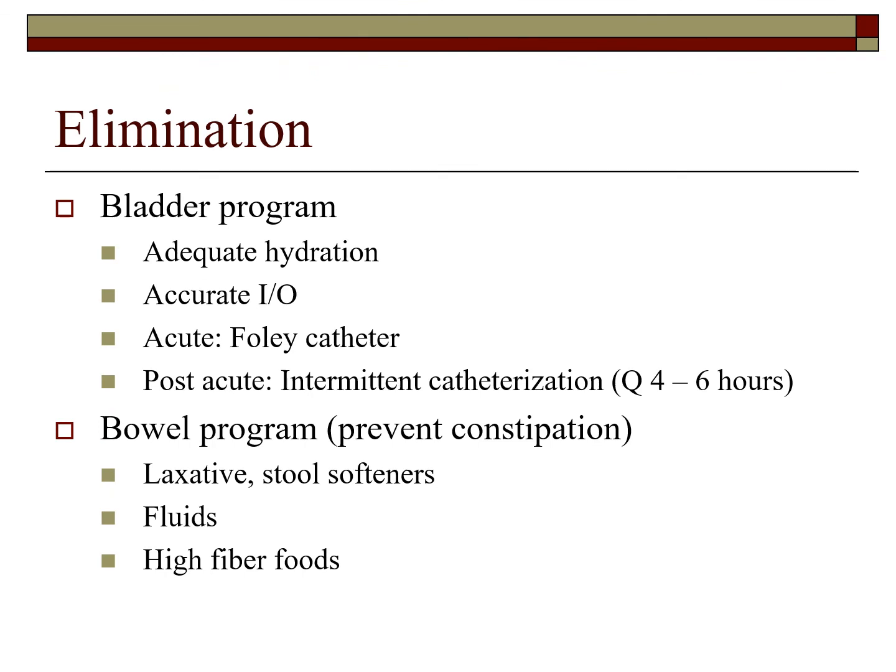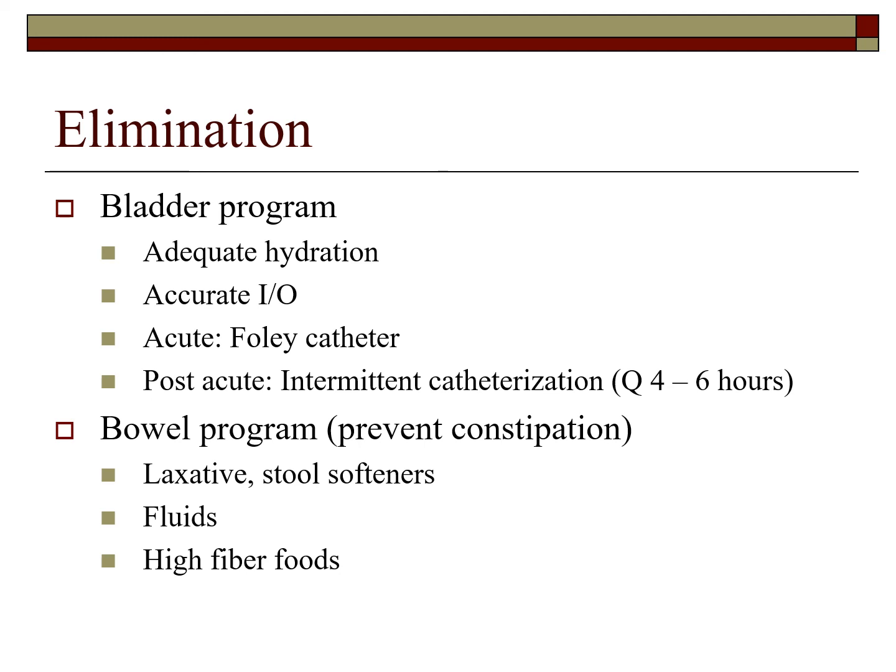Elimination. As far as bladder elimination, when they're acute, they use a Foley catheter, check their I's and O's, but afterward, some patients with spinal cord injuries will choose to use a Foley catheter with a leg bag. Others would prefer just to catheterize themselves every 4 to 6 hours, and they're taught how to do a clean catheterization.